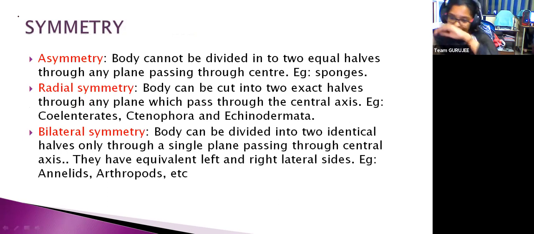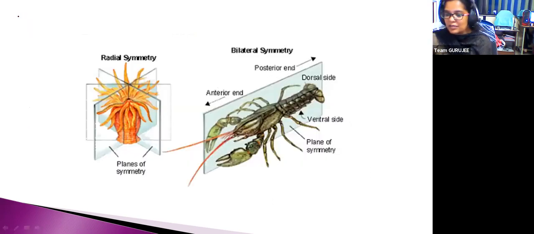Okay, symmetry. What is symmetry? There are three types of symmetry. One is asymmetrical, where the body cannot be divided into any two equal halves. Then see the picture: one is radial symmetry and one is bilateral symmetry.